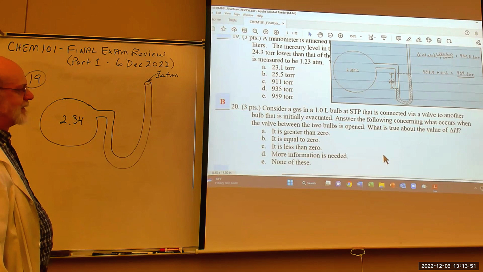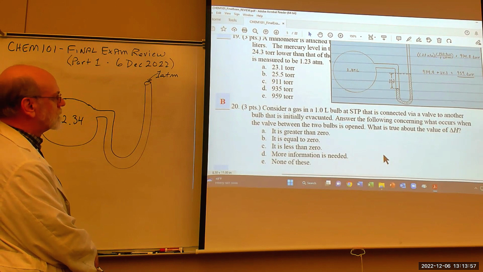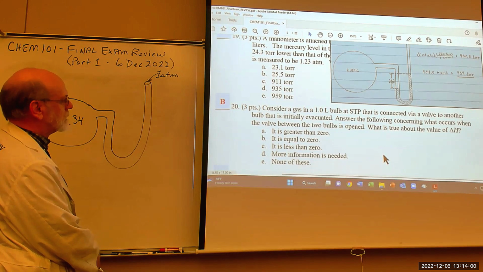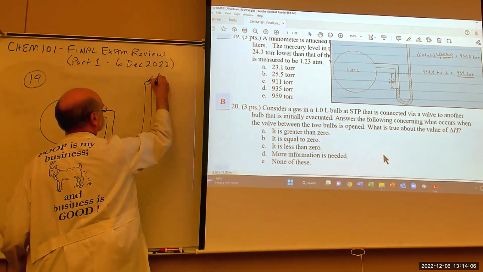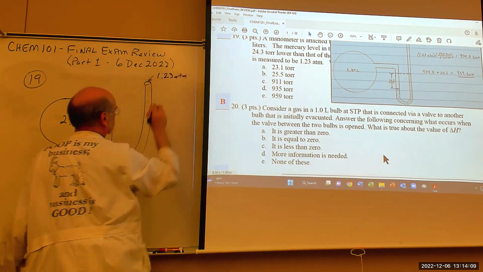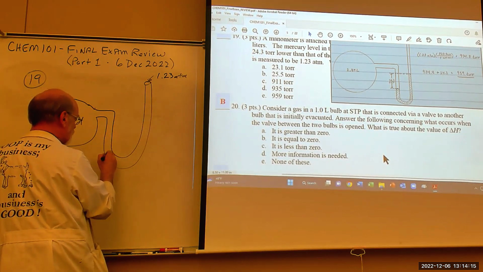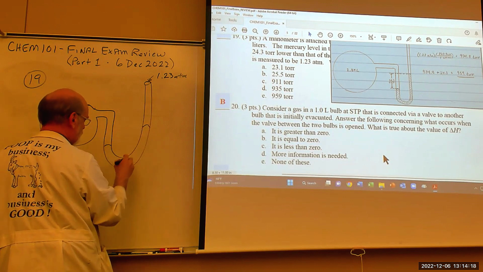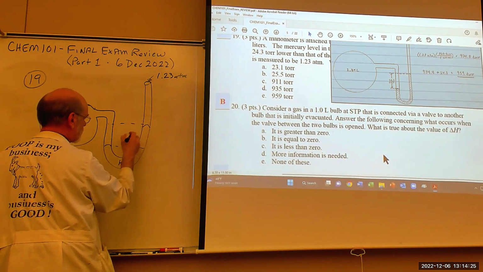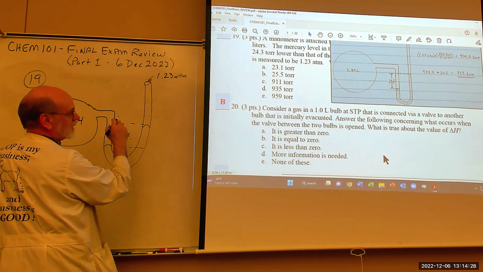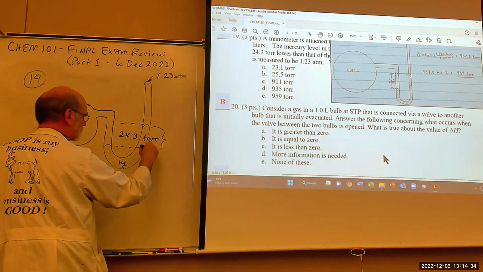Let's see, 1.23 atmospheres out here. And the difference between this level of mercury and that level of mercury is 24.3 torr. That's the difference right here.